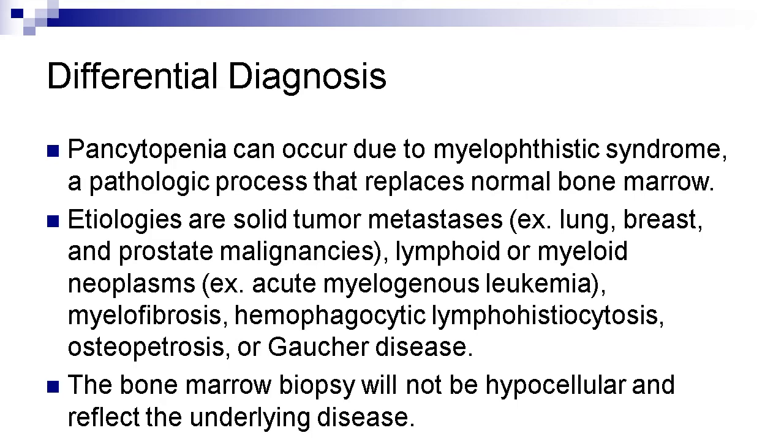The differential diagnosis of aplastic anemia is all causes of pancytopenia, which can occur due to myelophthisic syndrome, a pathologic process that replaces normal bone marrow. Etiologies of this myelophthisic syndrome are solid tumors and metastases, for example, tumors of the lung, breast cancer, and prostate cancer.